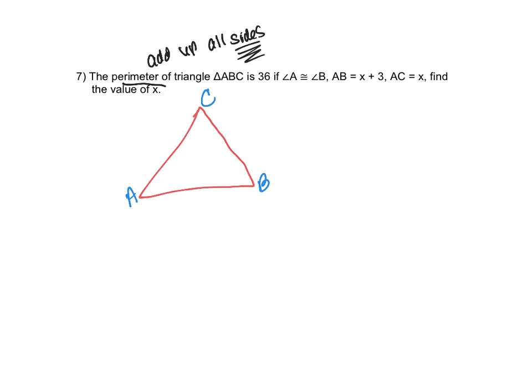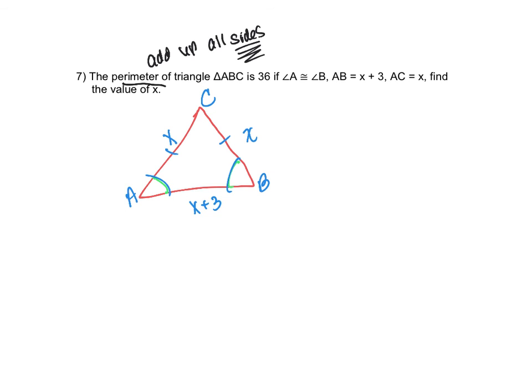We know that angle A and angle B are congruent to each other. So we know AB is x plus 3. AC is x. If angle A and angle B are congruent to each other, their opposite sides are congruent as well. So this is an x as well.